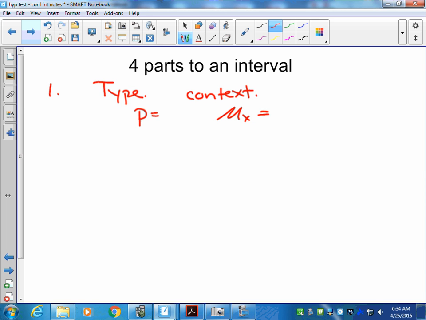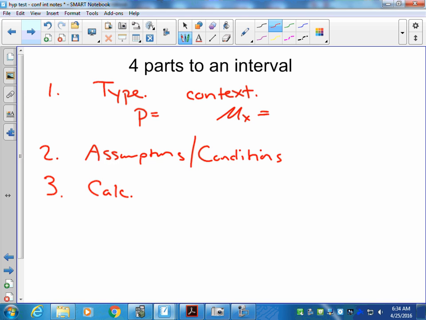And after we've done that, what is the second part to your interval? Assumptions. Going through, verifying your assumptions, conditions. What's the third part to an interval? Calculations, just like with the test.